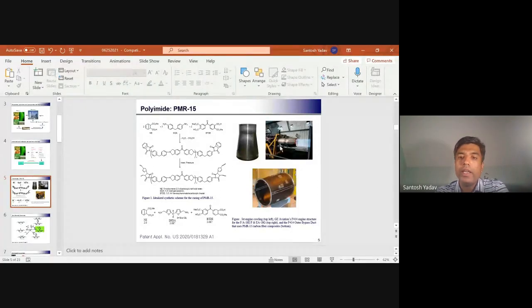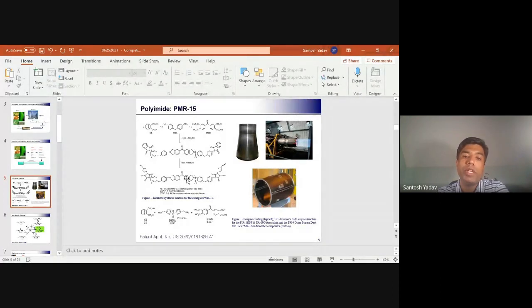In rocket nozzles, they use this thermoset polymer, particularly PMR15, because this polymer can sustain very high temperatures, like 300 C to 400, 500 C. Basically, they take three ingredients there: nadic anhydride, MDA, the diamine, and an anhydride, mix them to make the pre-polymer, and then further cross-link them to PMR15.